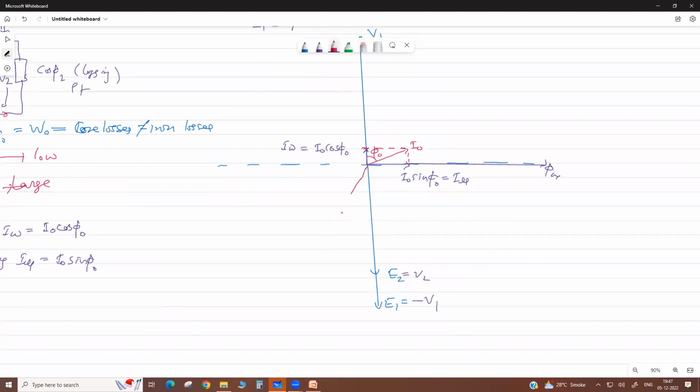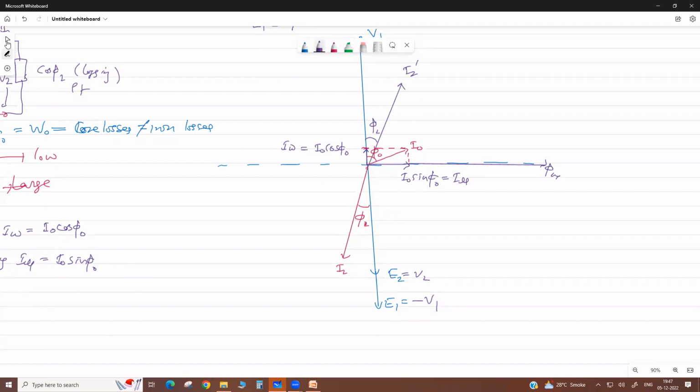This is your secondary load current I2, which lags with phi 2. As referred to the primary side, this is I2 dash, with the same angle phi 2.